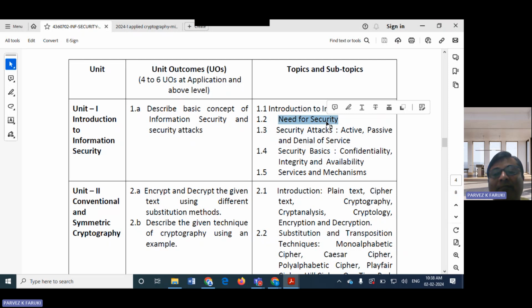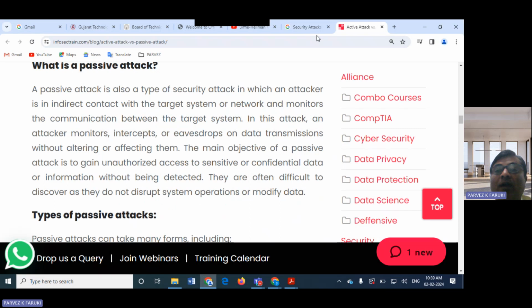So when these actors are a part of the information domain, the information world, the first thing that comes to our mind is: what is the need for security? It is very important for us to understand why we should know more about security.